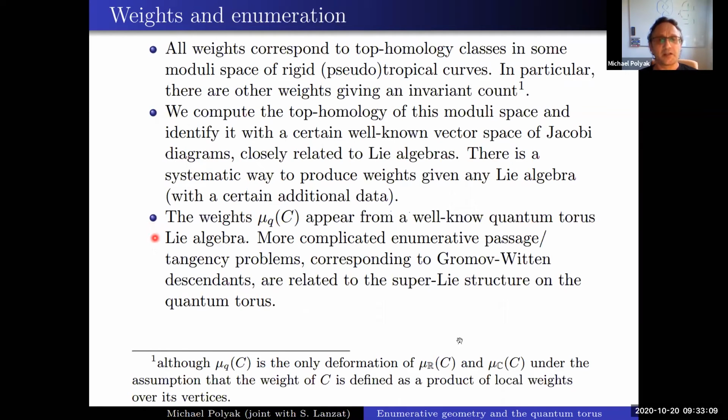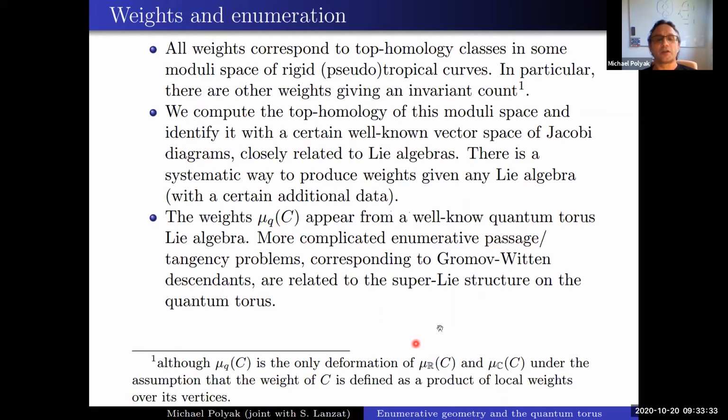But the nice thing is that not only the quantum torus Lie algebra is responsible for the weights which we know for the simplest passage problem, but also more complicated enumerative problems where, in addition to passage, you also include some tangency problems.